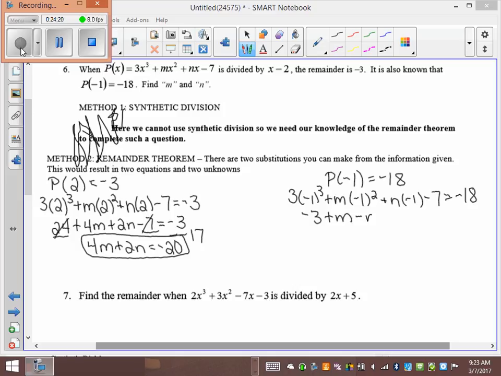N times negative 1 is negative n, minus 7 equals negative 18. Negative 3 minus 7 is negative 10. And then I'm going to add 10. So I get m minus n equals negative 8, and I box it.